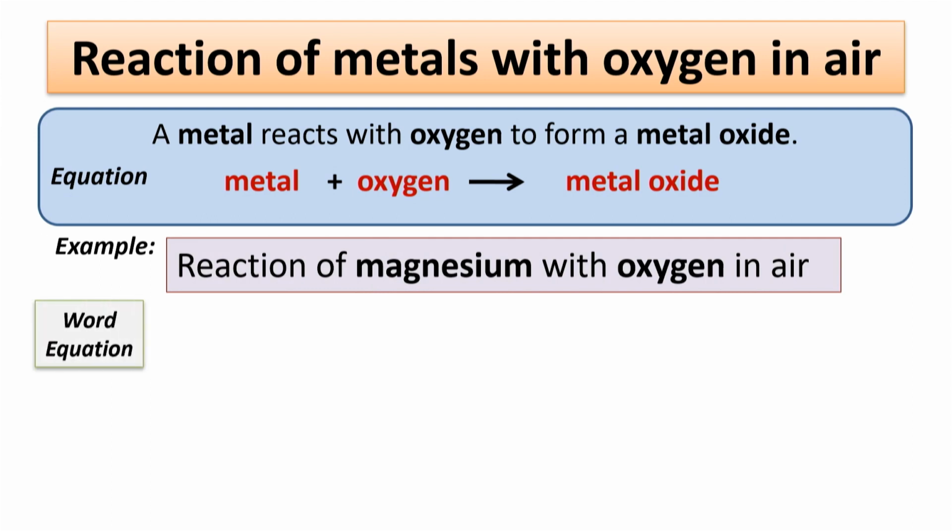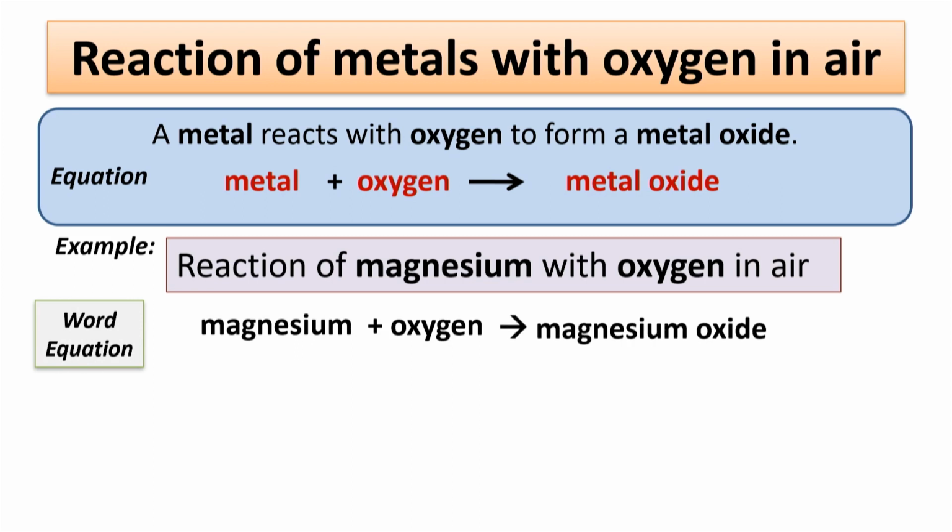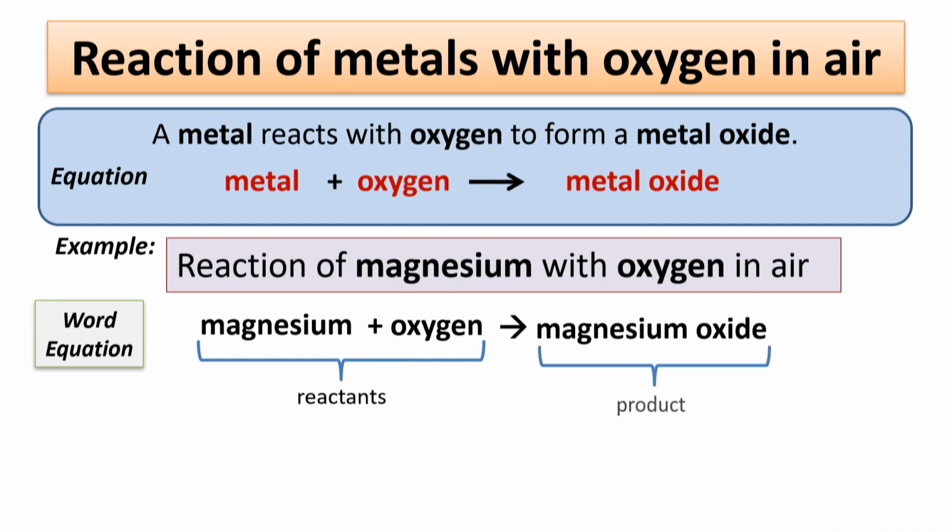The word equation that represents the reaction is magnesium plus oxygen produces magnesium oxide. Magnesium and oxygen are the reactants, and they react to form the product, magnesium oxide.